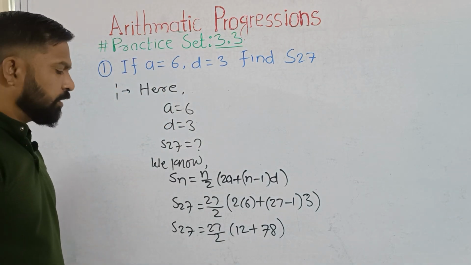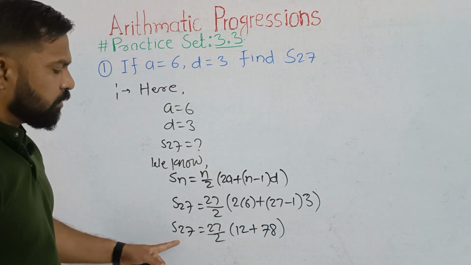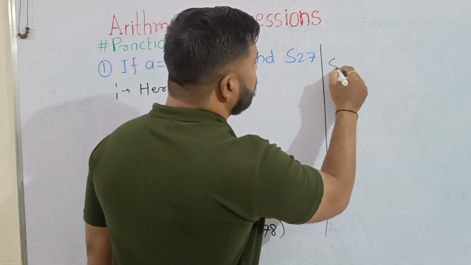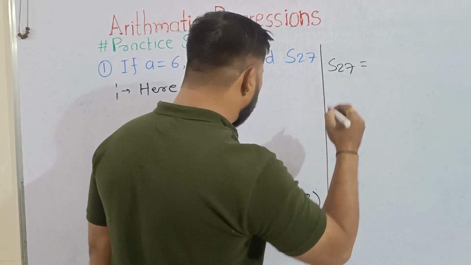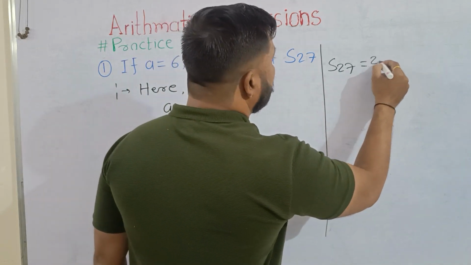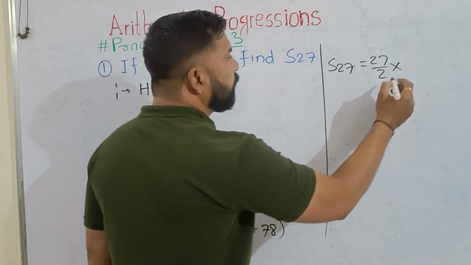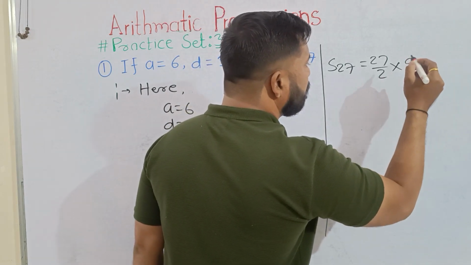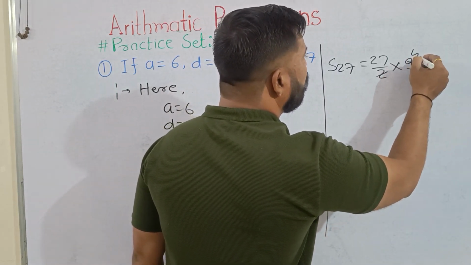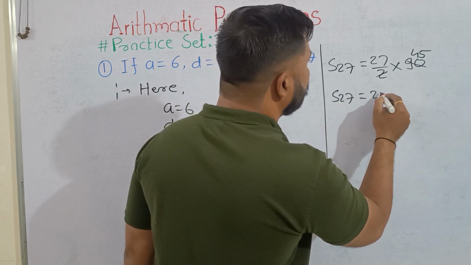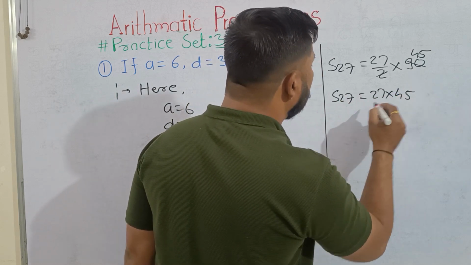Now S27 is equal to 27 by 2 into 90. 2 ones are 2, 45s are 45. S27 is equal to 27 into 45.